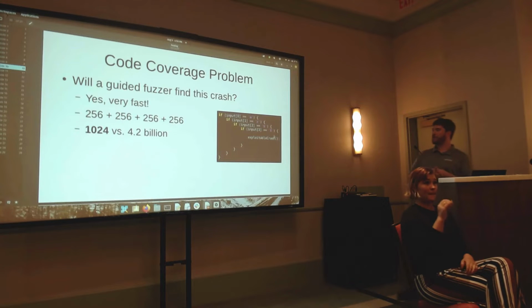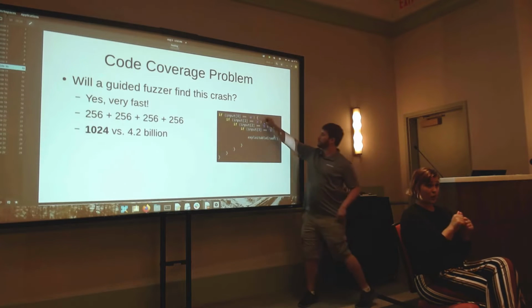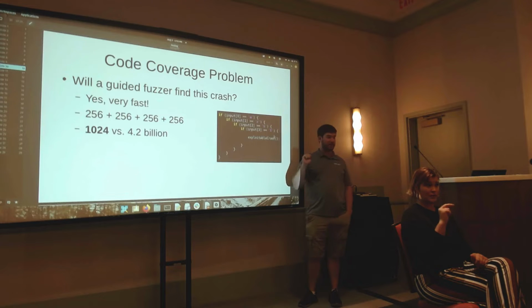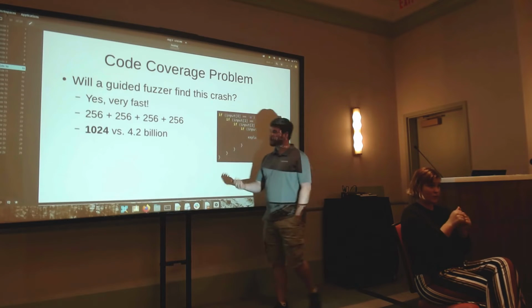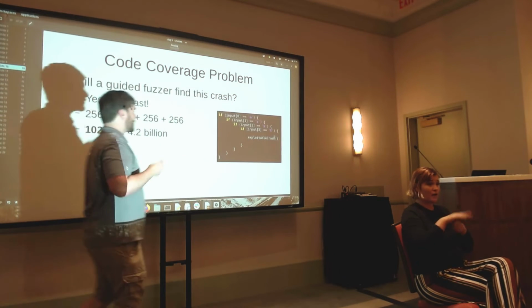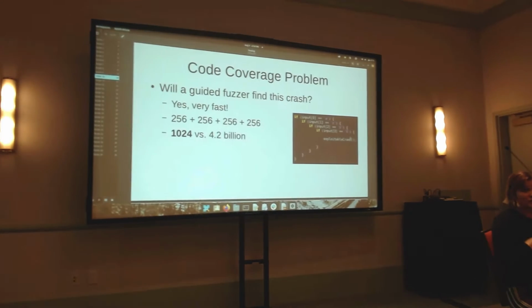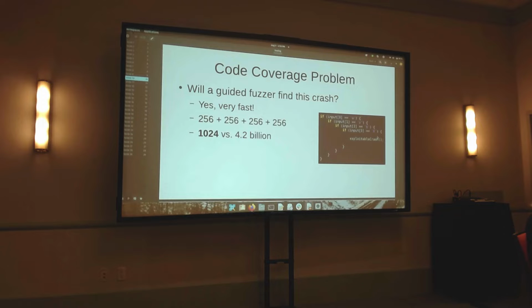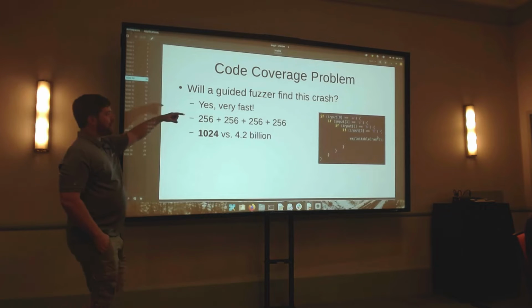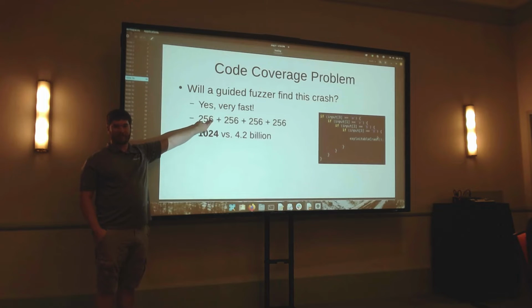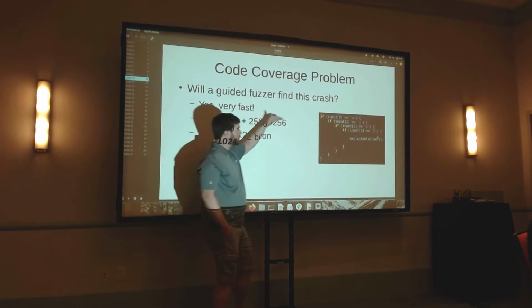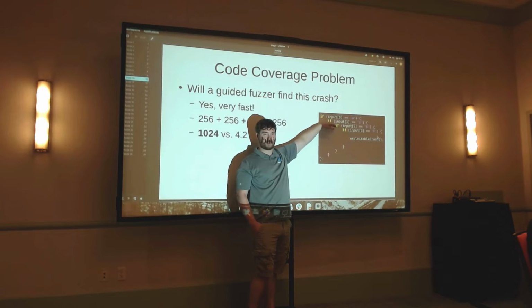So if I asked you then, with instrumentation, with those little bits of reporting on each of these if statements, would a coverage-guided fuzzer find this exploitable crash? The answer is almost instantly. Really, really fast. Because every time that I find the correct value for one of these bytes, I lock that in. I now have an input sample that's always going to start at the next one. Right?